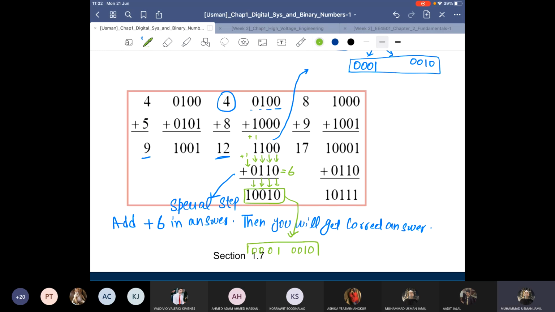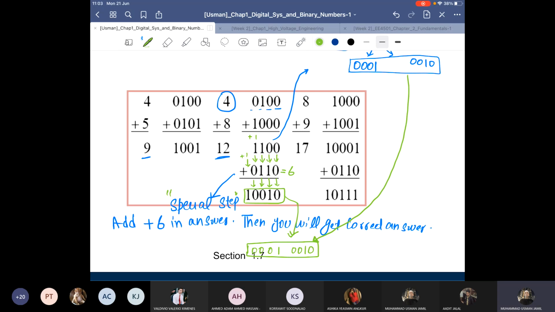So you can see this number is equivalent to this one. So when your answer is greater than 9, you have to add this 0 1 1 0. If you do not add it, your answer will not follow the book. Your answer will not be correct. So the special step we have to do is add 6 to the answer, then you will get the correct answer.